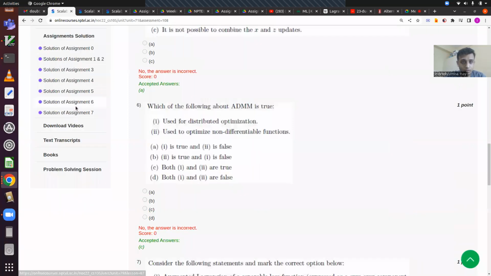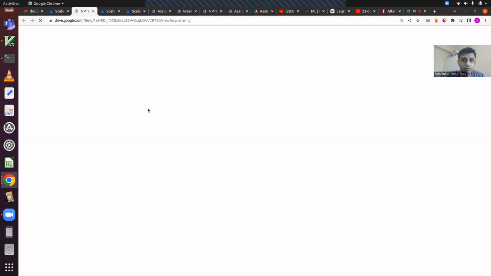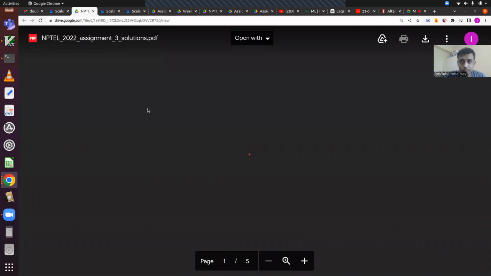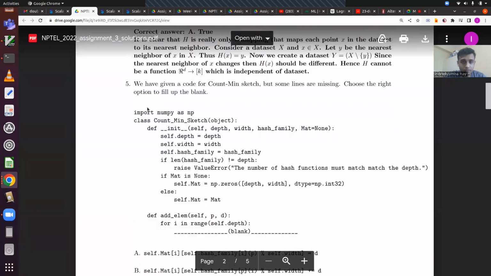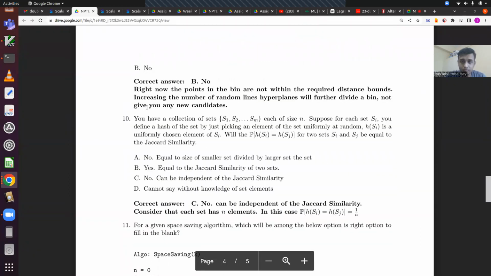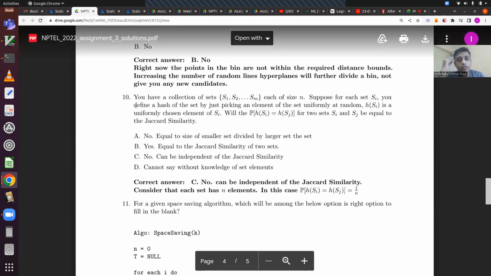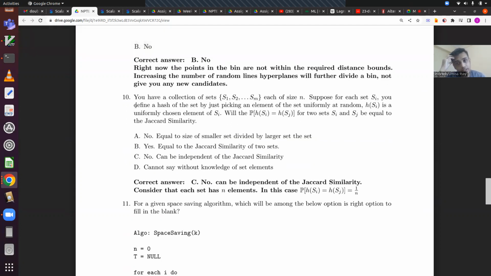Okay, let me just open this. Do question number 10. You have a collection of sets S1 to Sm, each of size n. Suppose for each set Si, you define a hash of the set by picking an element of the set at random.